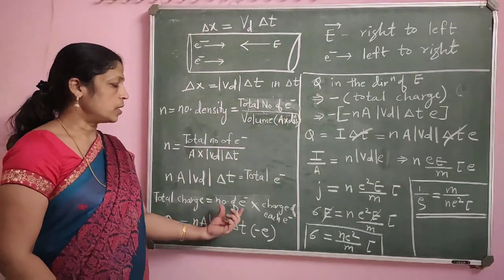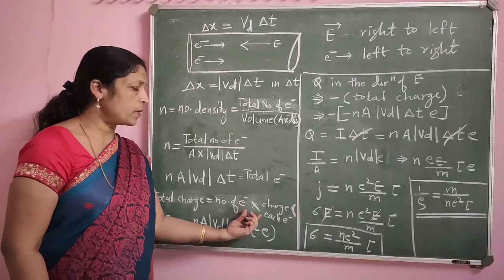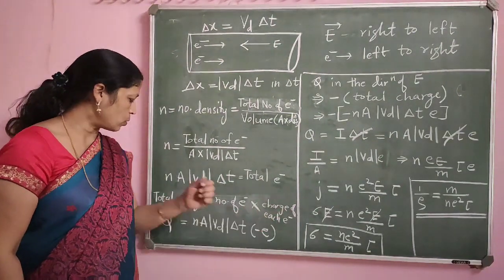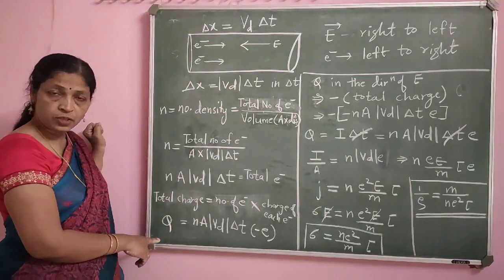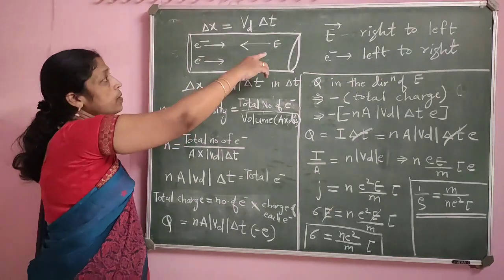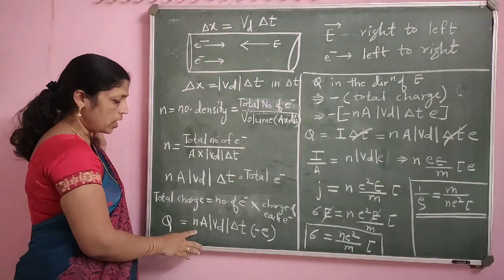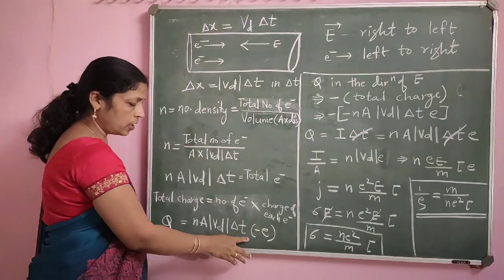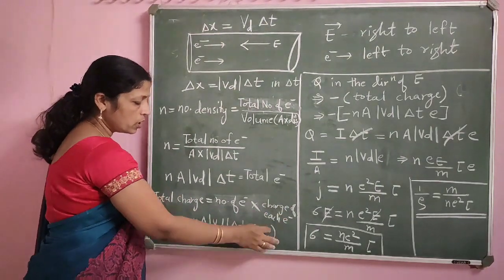So Q, the total charge flowing in this conductor in time interval delta t, is n A Vd delta t. And what is the charge of each electron?